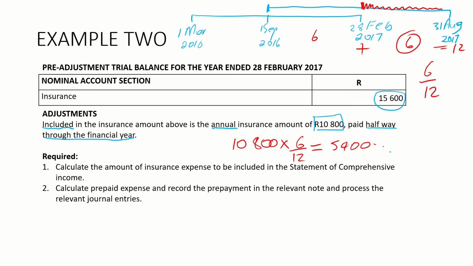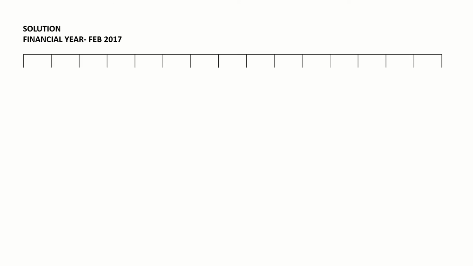This 5,400 is our prepaid expense, as it falls outside the financial year. So that amount must be subtracted from our insurance expense in the statement of comprehensive income.